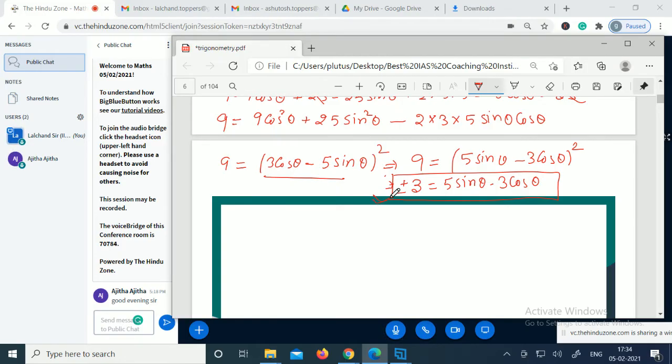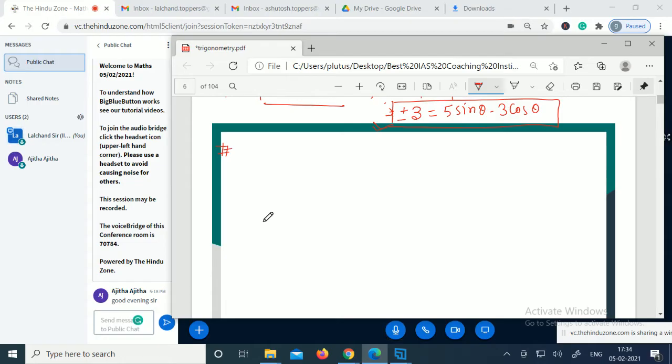Do you have an idea of the positive and negative values of the six ratios? In the first quadrant, which ratios are positive and negative? All are positive. In the second quadrant, sine and cosecant are positive.